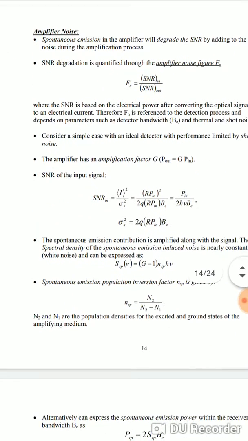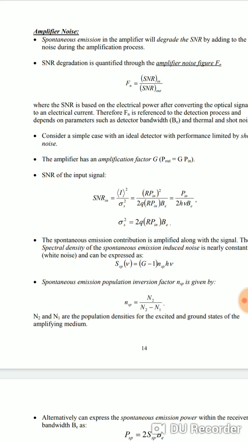Then the next performance parameter is amplifier noise. Amplifier noise is defined as the ratio of the signal to noise ratio of the input signal to the signal to noise ratio of the output signal. So whatever is the input P in to input noise, divided by P out to output noise ratio.